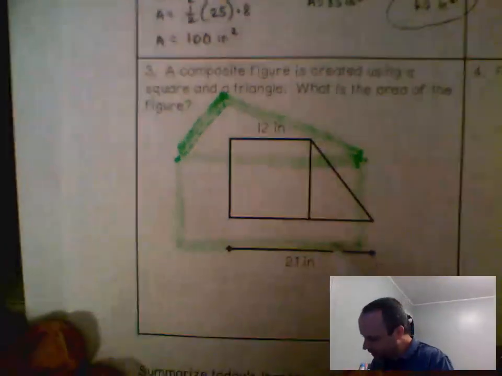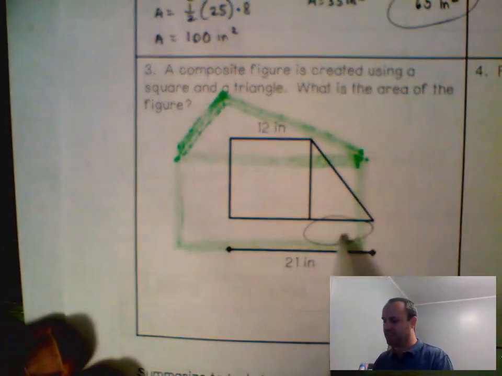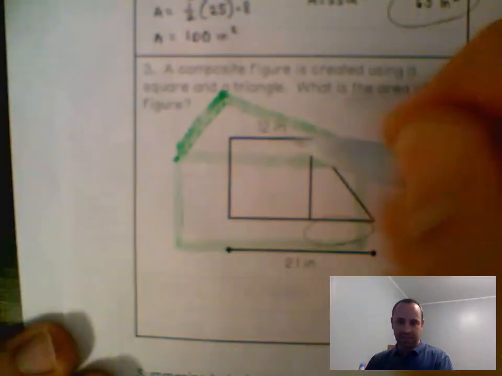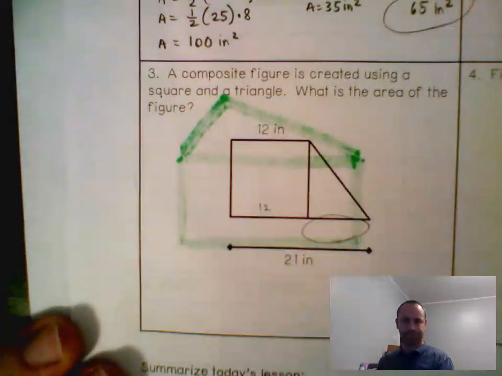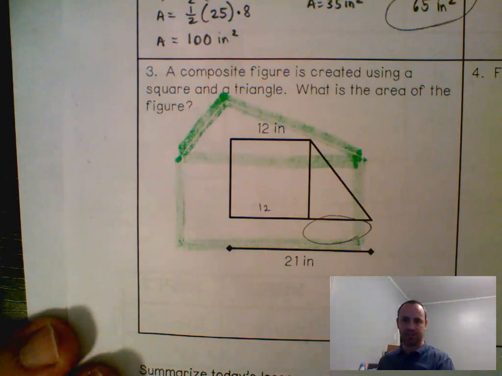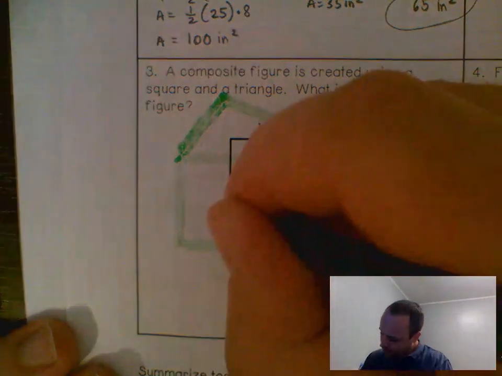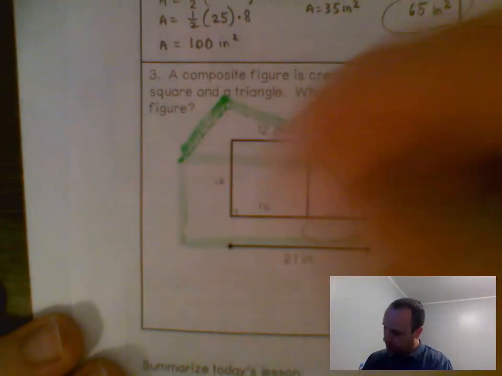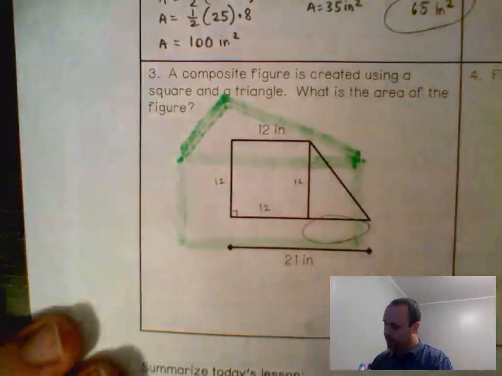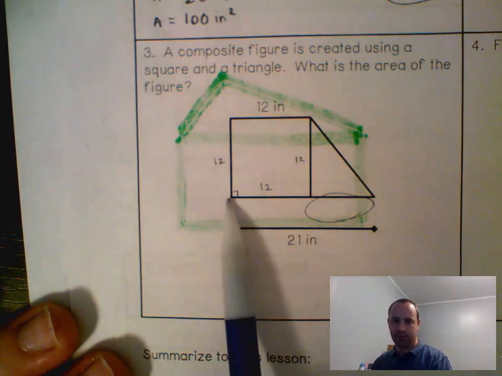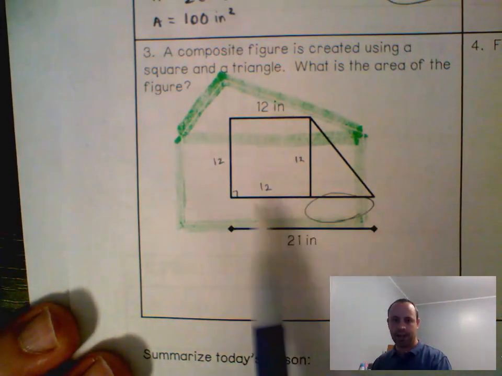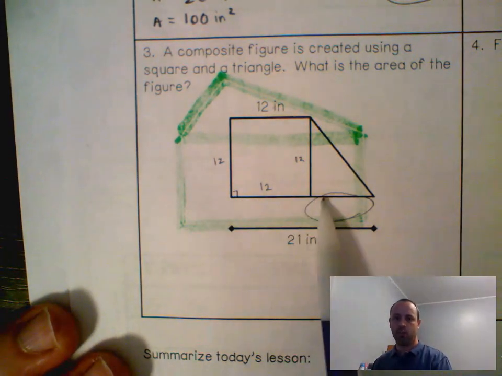The big thing here that I want to get you started on is finding this number. We know if this is 12, then below here, that has to be 12, because it tells us it's a square. So we know this is also 12, and this is 12. To find this number here, you're going to have to get creative, because if we know from here to here is 21, and we know that that's 12, then what would this be?